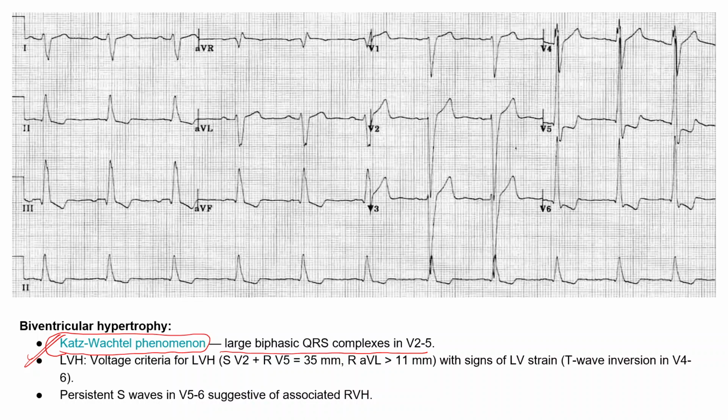So in V2 to V5, we will get QRS complexes like this. Okay, so these are large biphasic QRS complexes in V2 to V5, and this is known as the Katz-Wachtel phenomenon. And this is also a finding in biventricular hypertrophy.